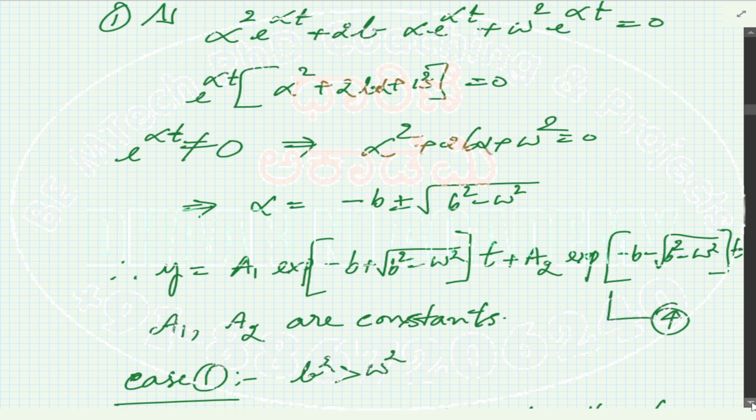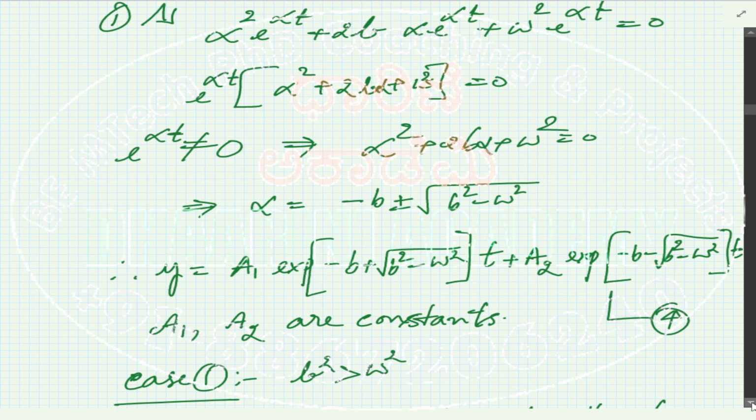Whenever you equate that to 0, alpha square has roots. So the roots are minus b plus or minus root of b square minus omega square.